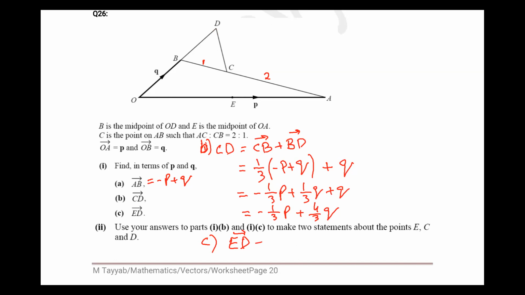It is half of P, but also you are moving against the direction of P. So minus 1/2P. O to D is 2Q. So this is 2Q. So these are the B and C parts and even A part of question 26 part 1.